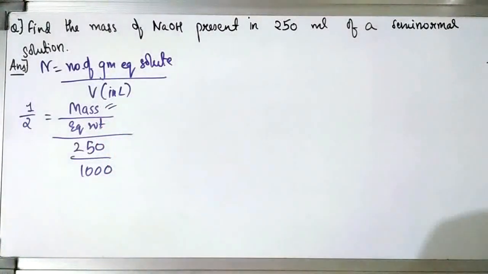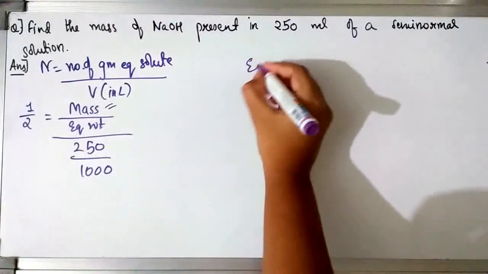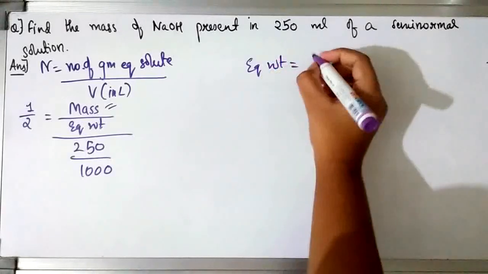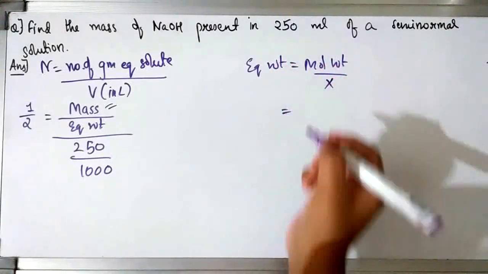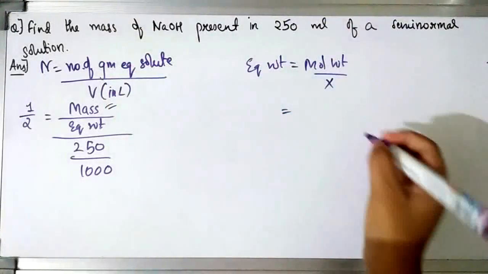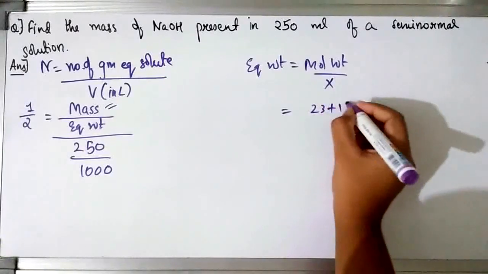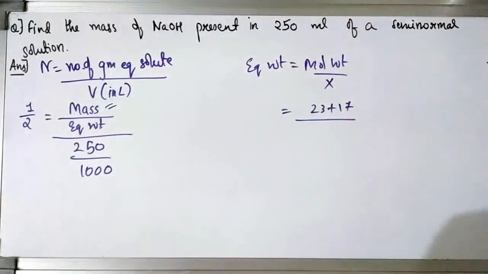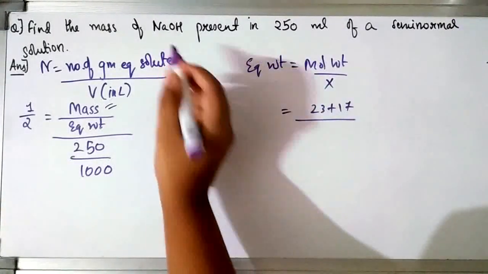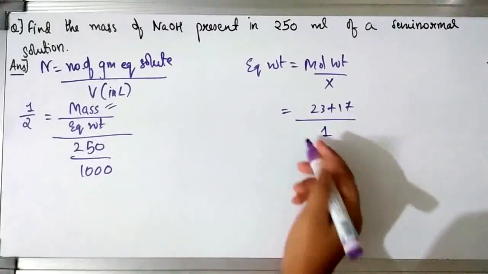We can calculate the equivalent weight over here. The equivalent weight is equal to the molecular weight upon X. The molecular weight of NaOH comes out to be 23 plus 17. The X factor, the valence factor for NaOH, will be 1 because only one OH minus ion will be produced.